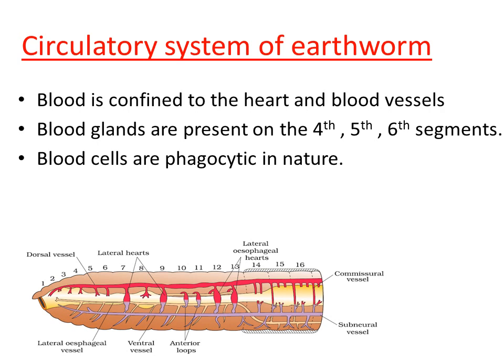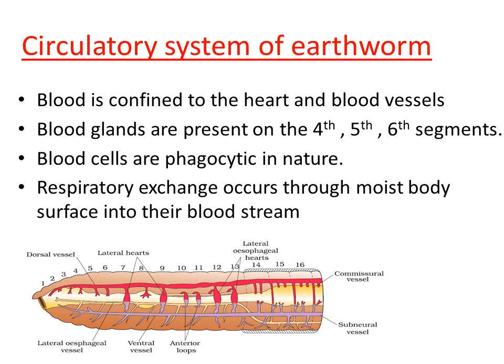But if you take the human body as an example, in our body, the RBC consists of hemoglobin. Hemoglobin is a part of the RBC. But in case of earthworm, hemoglobin is dissolved in the plasma, right? So the function of blood glands is that it secretes the blood cells as well as hemoglobin.